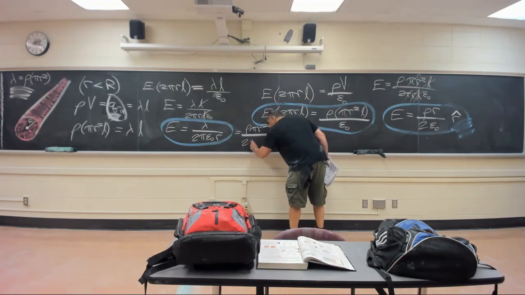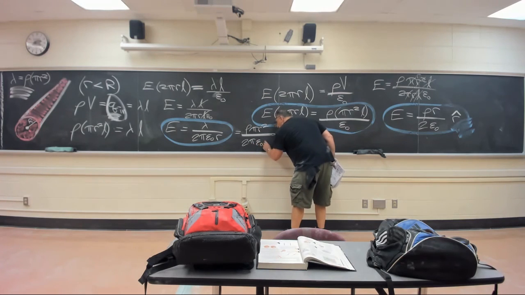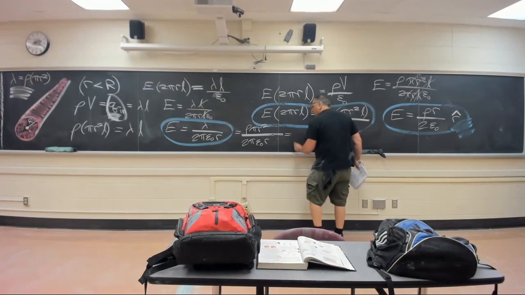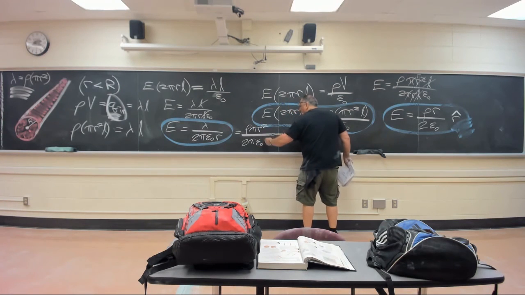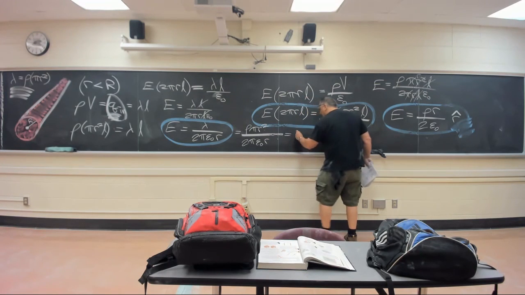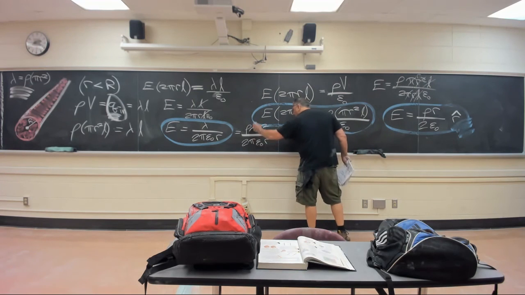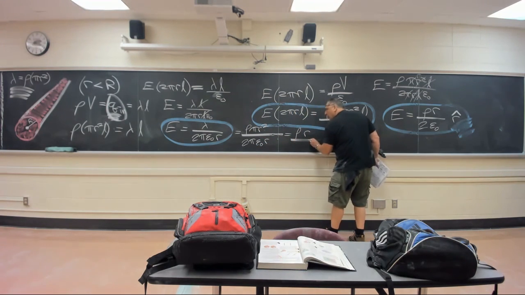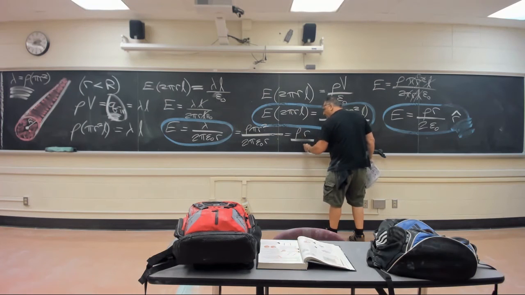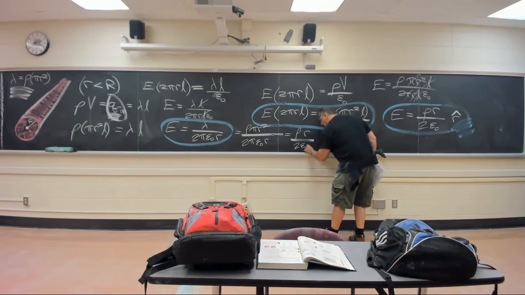Interesting connection. That's the lambda. This is 2 pi epsilon naught R. The pi's cancel, one of the R's cancels, leaving just one R. Rho R over 2 epsilon naught.